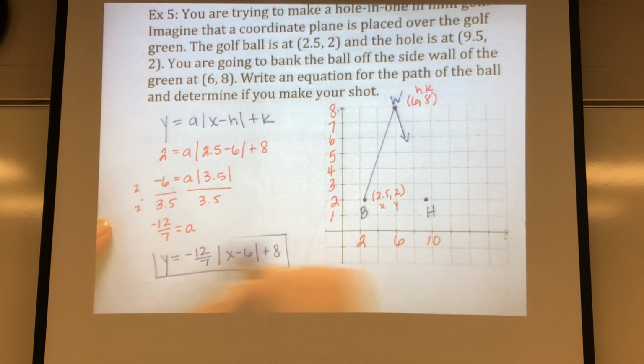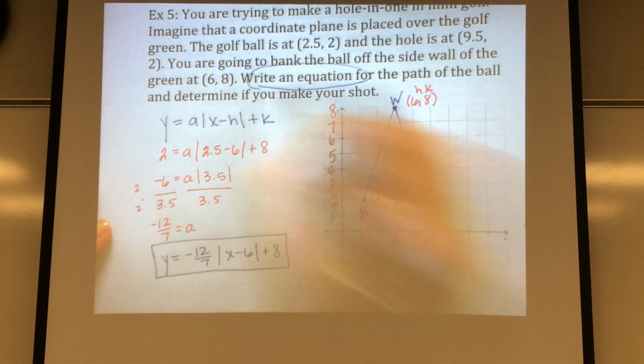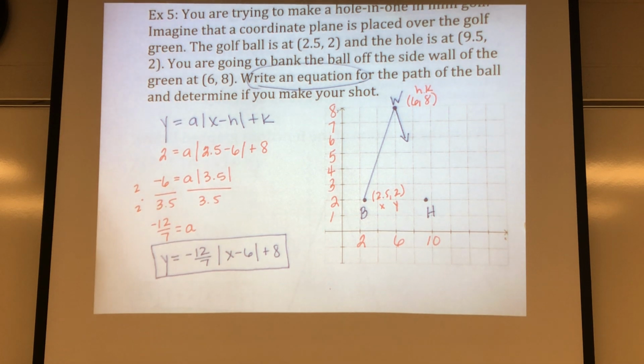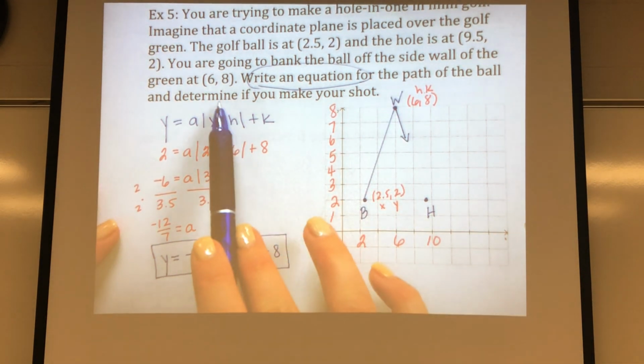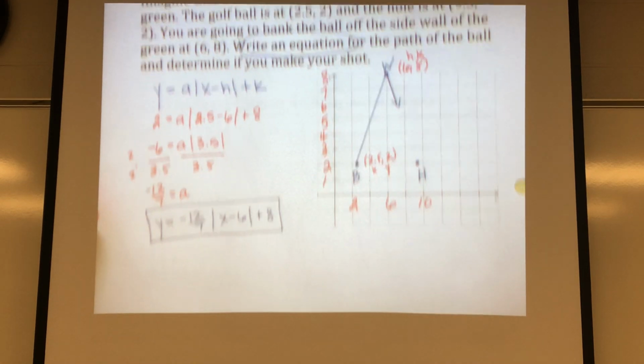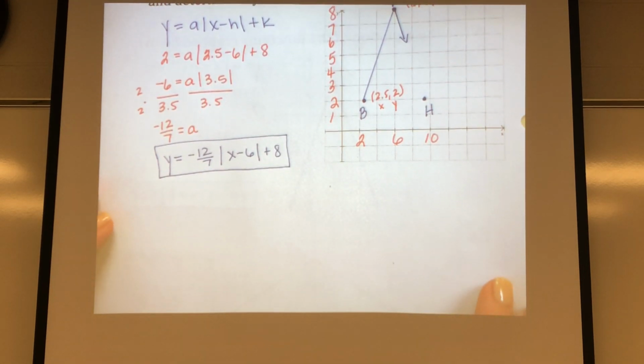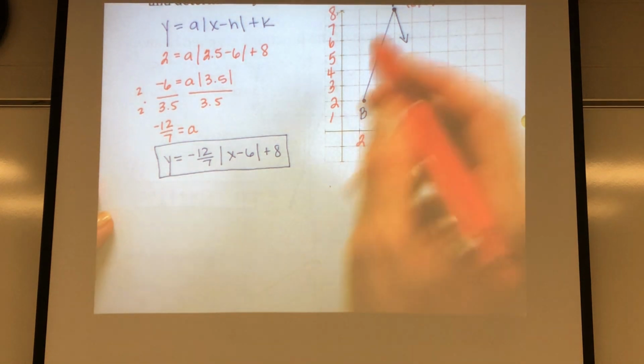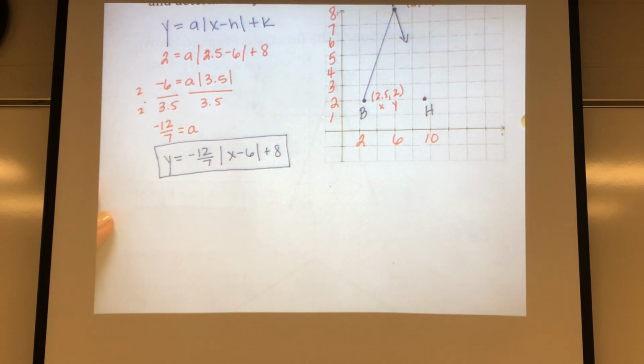That was the first part of what it asked us to do. It asked us to write an equation. Okay, we did that. Now it says use that to determine if you make your shot. So we're going to take this equation, we're going to substitute in the coordinates of the hole and find out, do we get it in the hole or no?